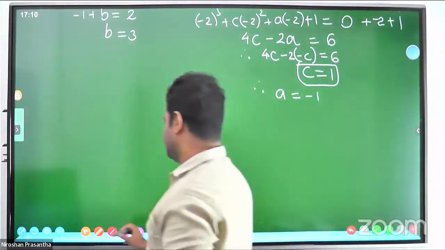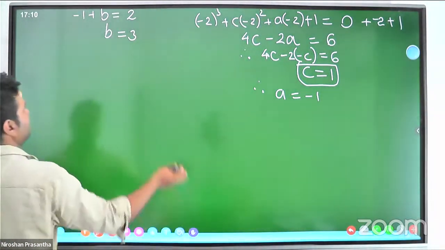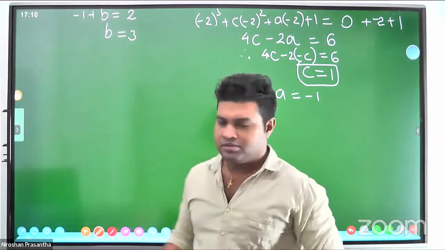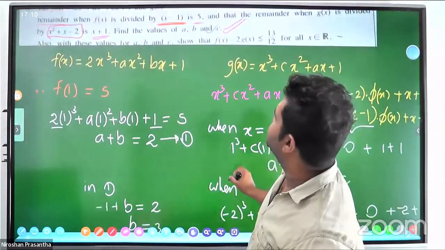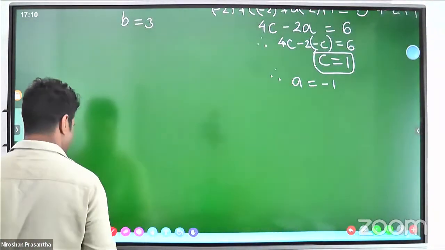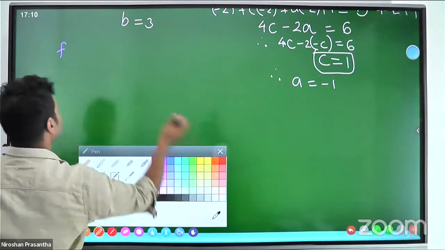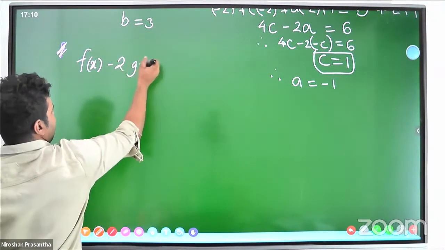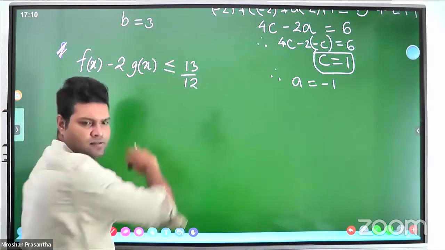Is it g(x) minus or f(x) minus? f(x) minus 2g(x), less than or equal to 13/12 or something like that.